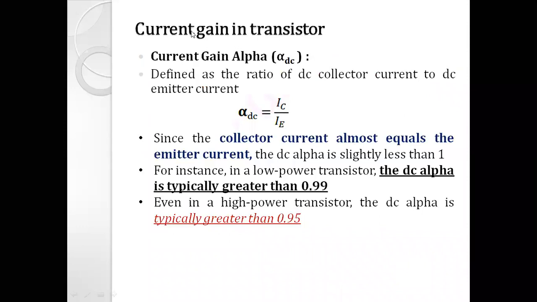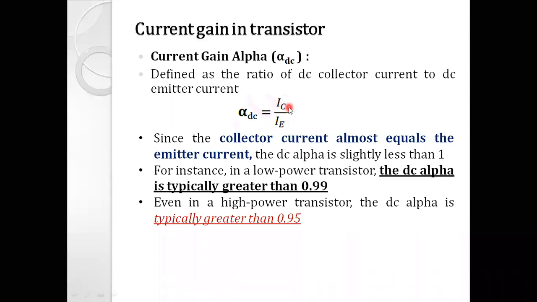The next point is the current gain in the transistor. So let us discuss the various gains in the transistor. What is gain? Gain is nothing but a type of ratio. Let us first discuss the current gain, which is denoted by alpha DC, and go through the definition of alpha DC. What is alpha DC?